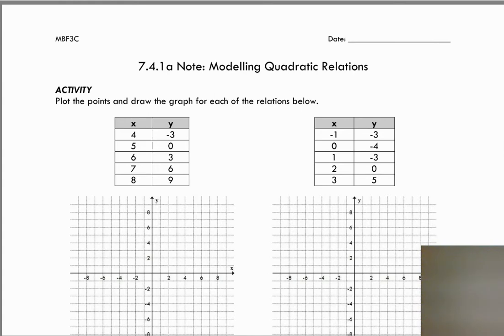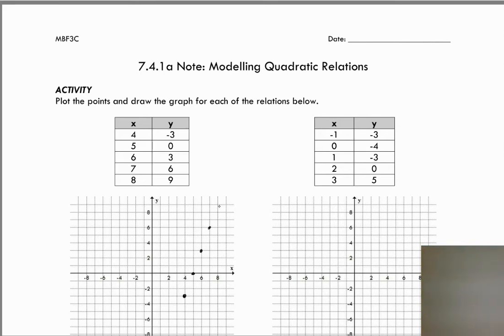So we're going to plot these points. At x of 4, -3, we have a point, and at 5, 0, at 6, 3, and at 7, 6, and at 8, 9.